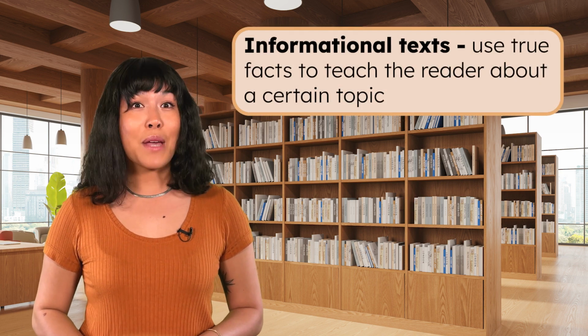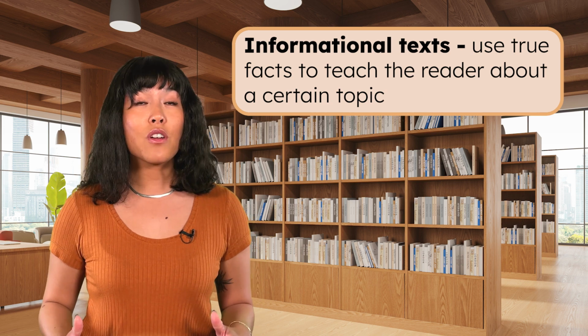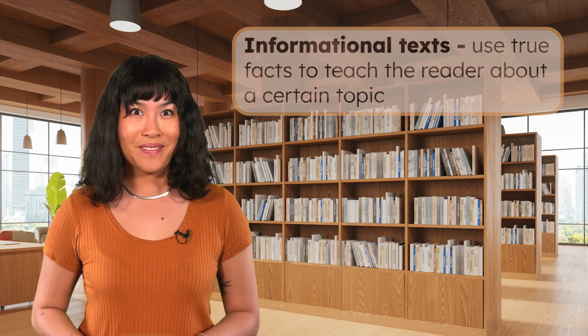And we learned that informational texts are types of nonfiction that use true facts to teach the reader about a certain topic. Knowing the difference between stories and informational texts helps you choose the right kind of book, whether you're reading for fun or learning something new.